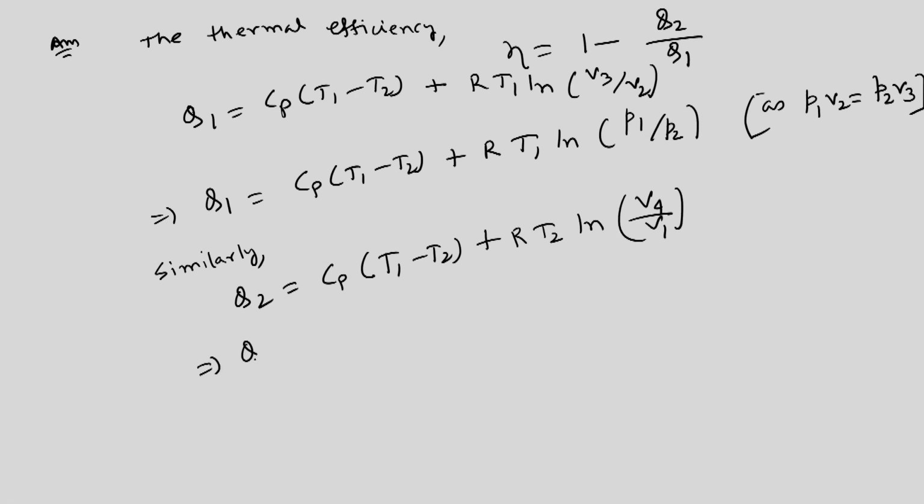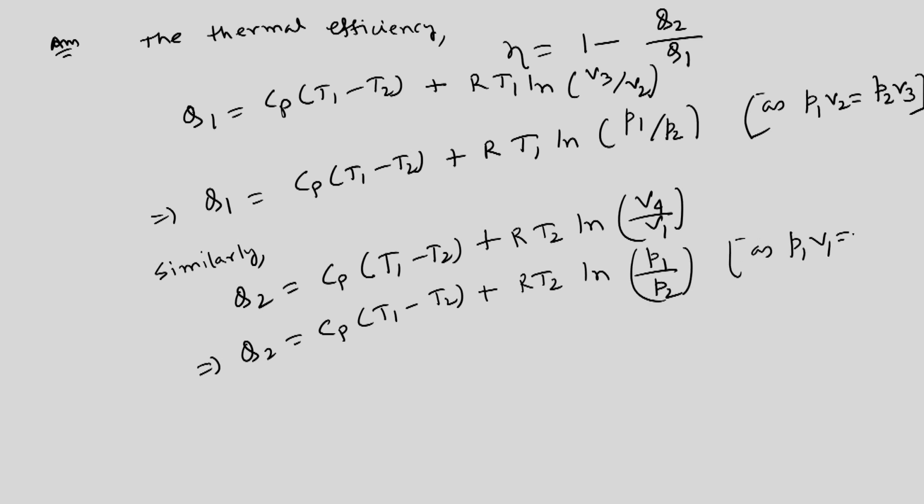So, you can write Q2 is Cp times (T1 minus T2) plus R T2 ln P1 by P2 as P1 V1 equals P2 V4, right. So, we have got the value of Q1 and Q2. So, we need to calculate now eta.